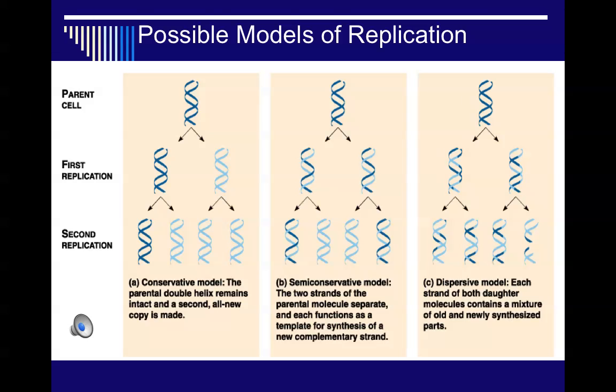It seems to me the dispersive model would have been quite susceptible to errors or mutations, whereas the conservative and the semi-conservative model, maybe not so much. So let's see what did happen to figure out which of these models was the correct one.